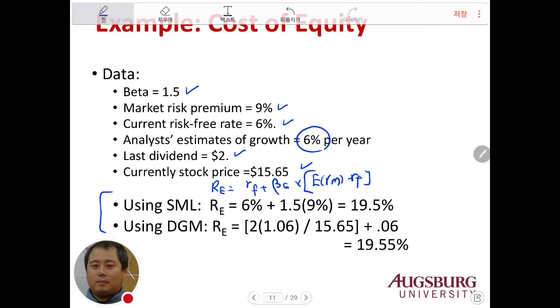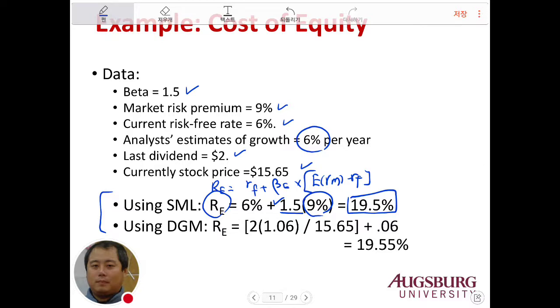And this is the cost of equity. And I'm sorry, 9% is the market risk premium, and 1.5 is beta. So we have 9.5% cost of equity.